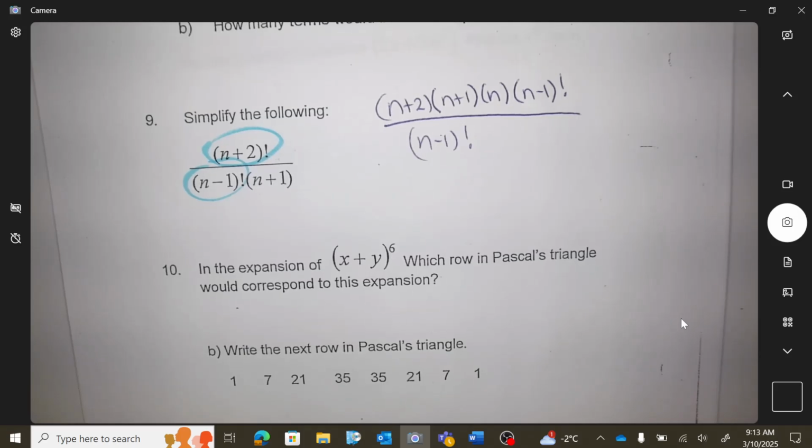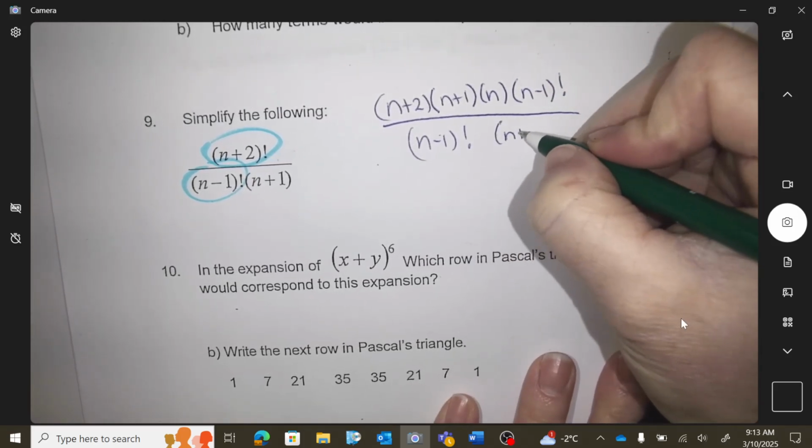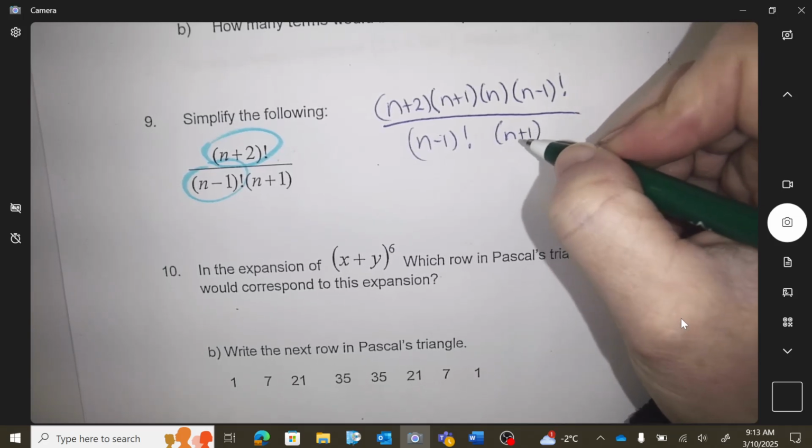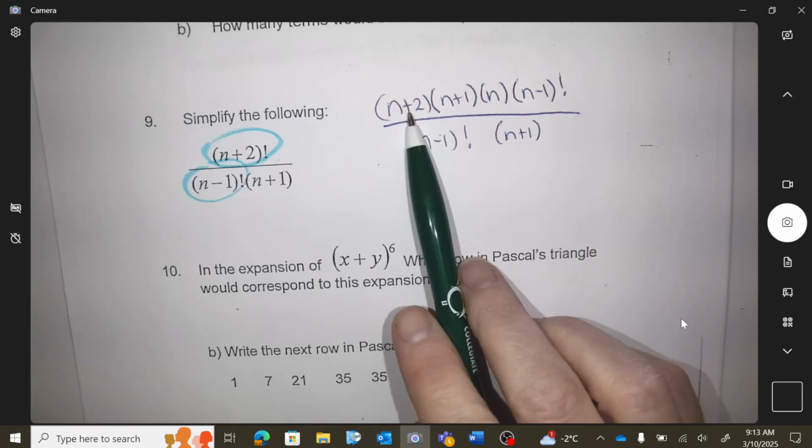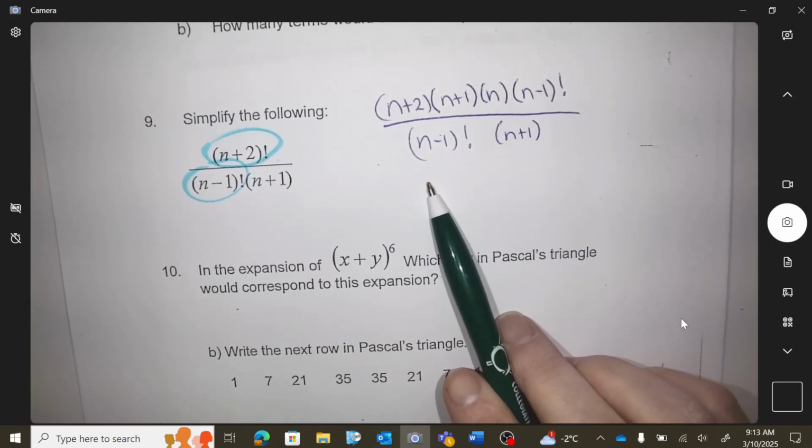Okay, so I went until I matched. Then I just have this. It's not a factorial. It's just a single item. Okay, do we like it? I expanded till I matched.